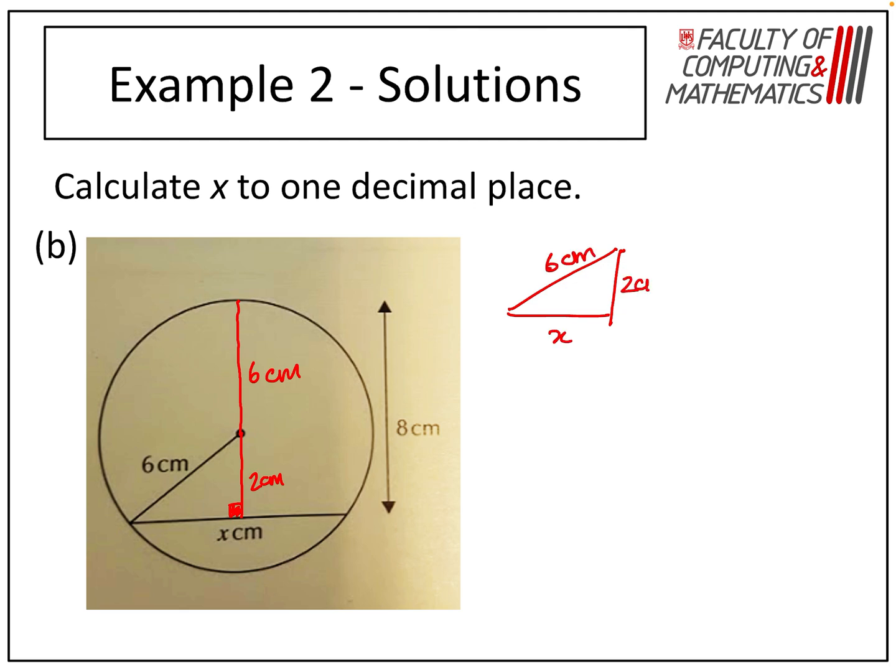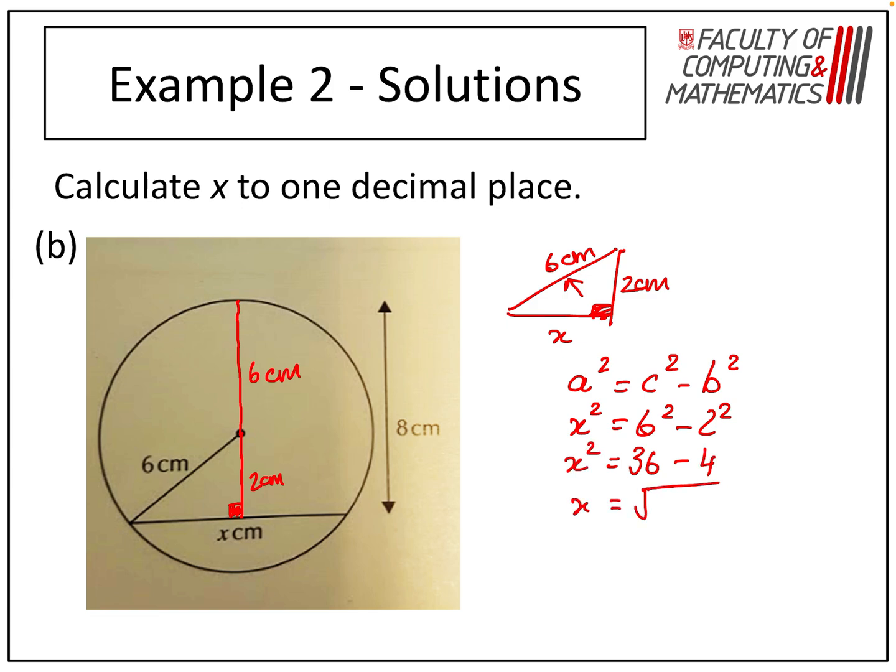Again, we're going to use Pythagoras, but this time, as you can see, we've got our hypotenuse, so we're going to find the shorter side. There's my hypotenuse there, and I'm going to use the formula a squared is equal to c squared minus b squared. So I've got x squared is equal to 6 squared minus 2 squared, so 36 minus 4. So the square root of 32.